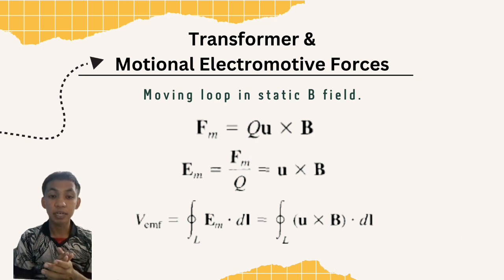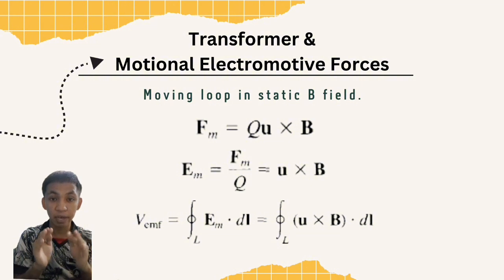So, the force on a charge moving with uniform velocity u in a magnetic field B is Fm equal to Q u cross B. So, the motional electric field is Em, as Em is equal to Fm divided by Q, or u cross B. If we consider a conducting loop moving with velocity u as consisting of a large number of free electrons, the EMF induced in the loop is V EMF equal to the integral of Em dot dl, or the integral of u cross B dot dl.